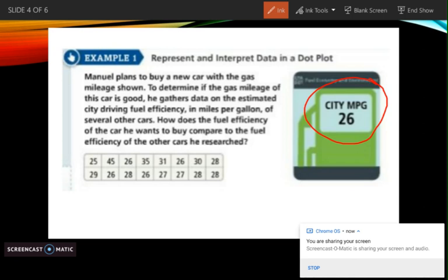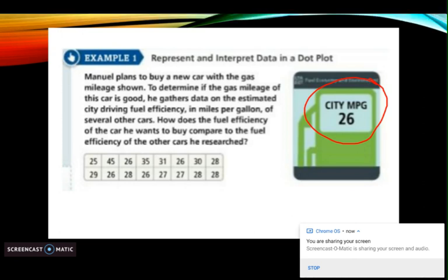He wants to determine if the gas mileage of the car that he's looking at is good compared to other cars in the similar type of price range to what he's looking to buy. So he wants to compare the fuel efficiency of those cars with the car that he's looking at buying to make sure it's a good deal for him to buy in terms of miles per gallon.